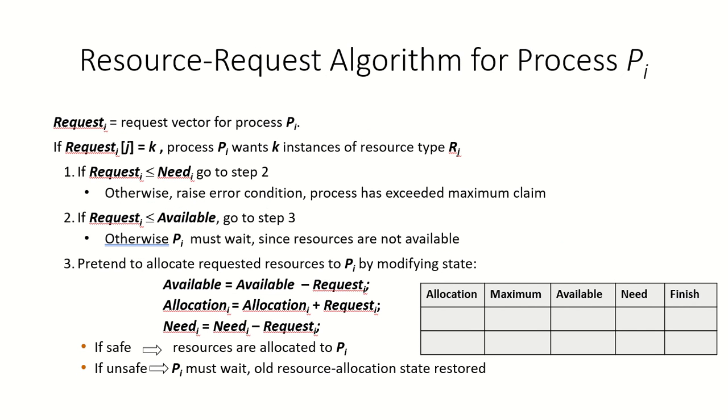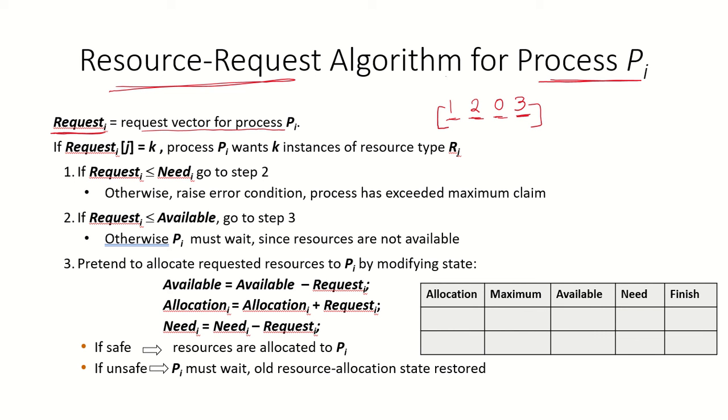Now let's see, if a particular process Pi requests a particular resource, how do we handle that request? Each process will put in some request for the resources, and we will have a request vector for process Pi. This request vector would also be of size m, because that is the number of resources we have in the system. Suppose this is the request vector of the process.